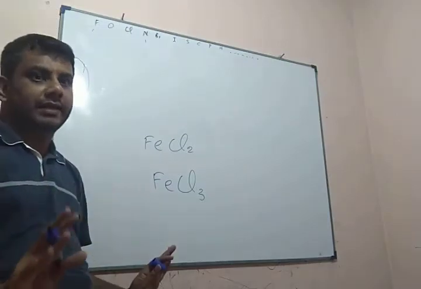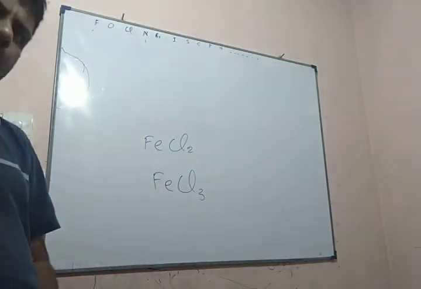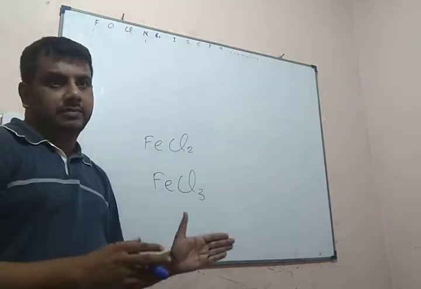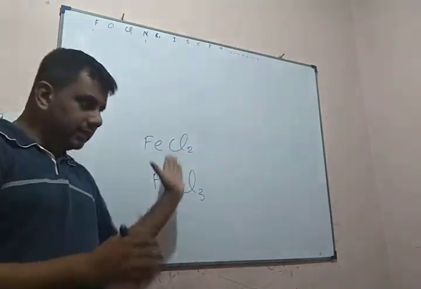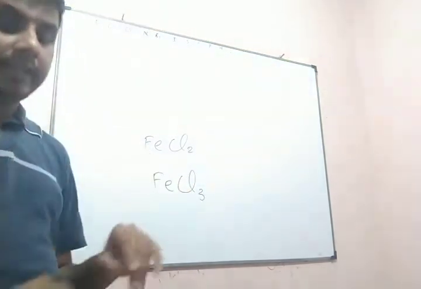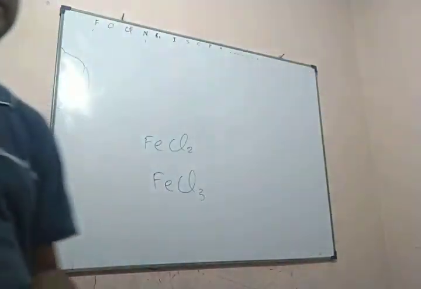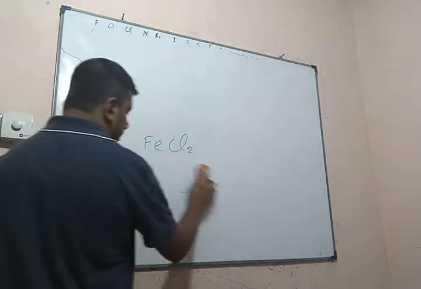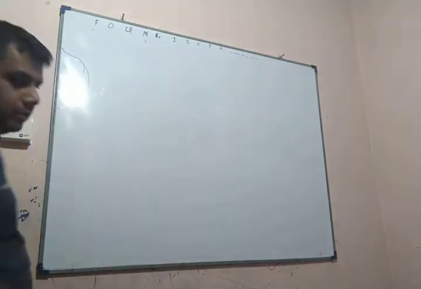These are trivial names, that is normal name or old name. But there are IUPAC names for these compounds. We'll study those IUPAC names, and also sometimes we will study trivial names also. So IUPAC name is the important one.